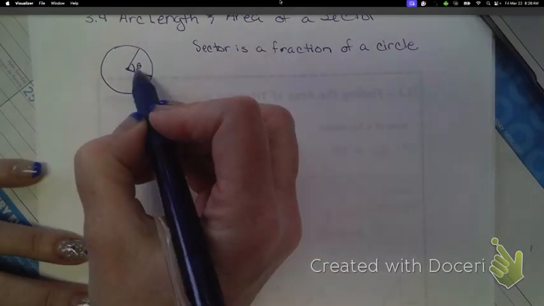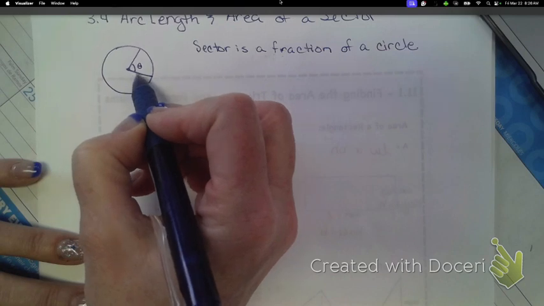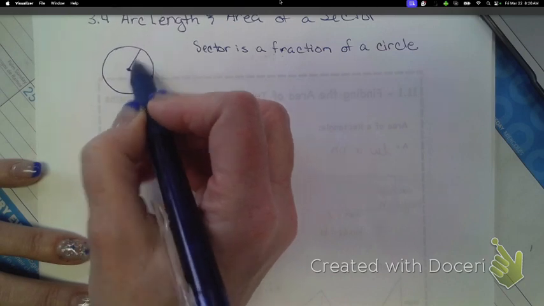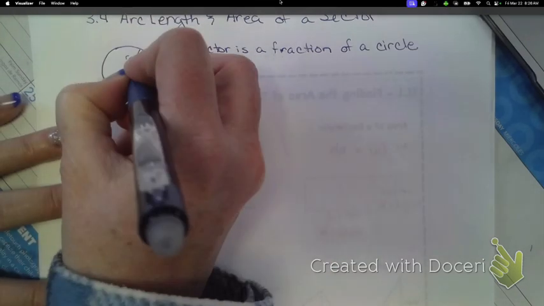So is theta a fraction of 360? Yes, because it's part of it. A sector is divided by 2 radius.